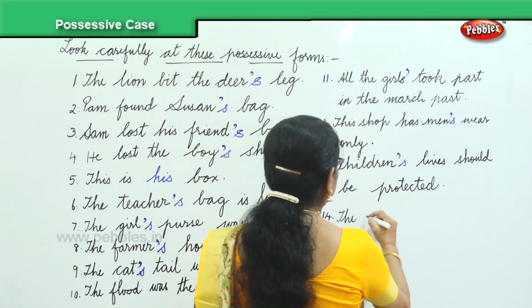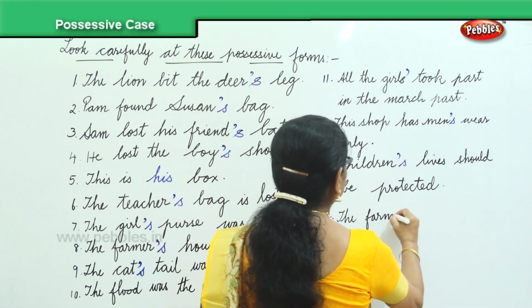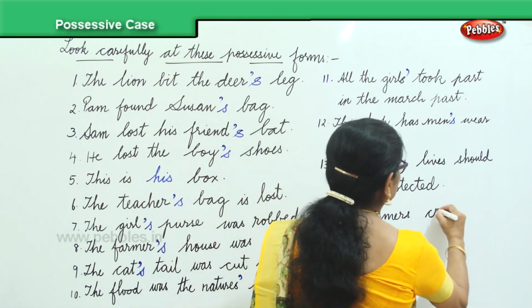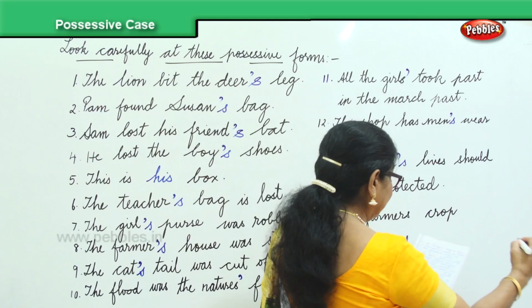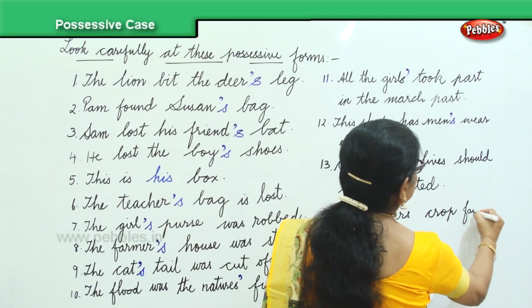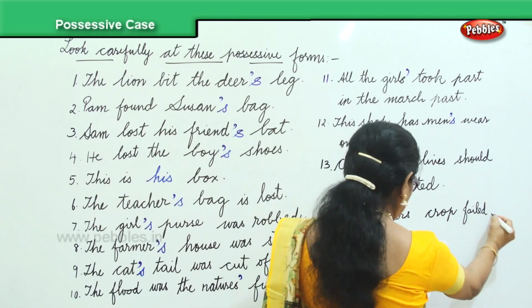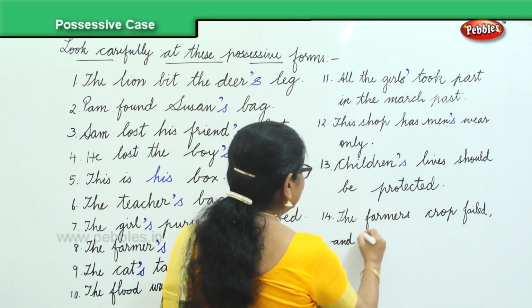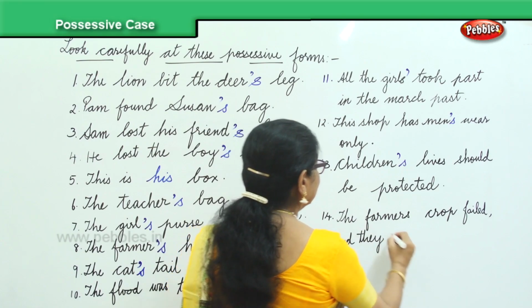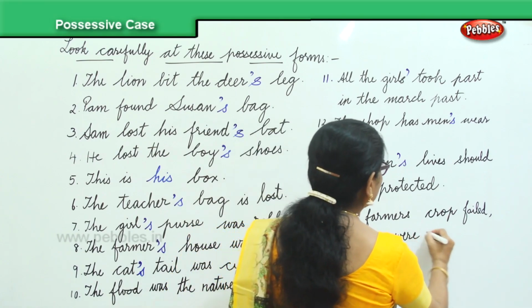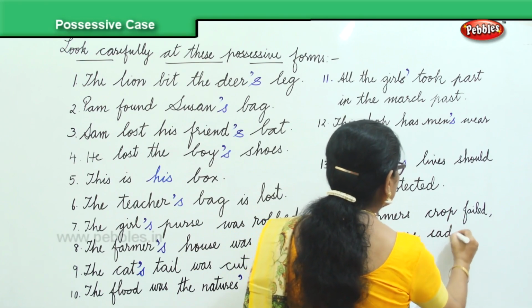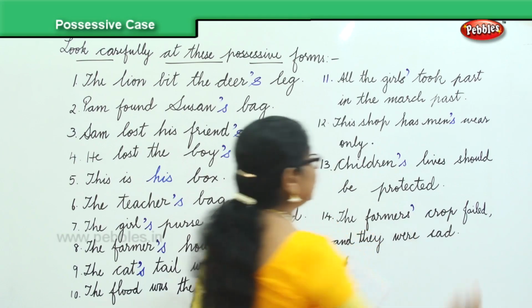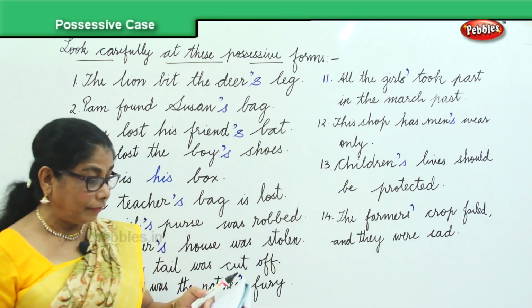The farmers' crop failed and they were sad. The crop, farmers. So, farmers, apostrophe outside.